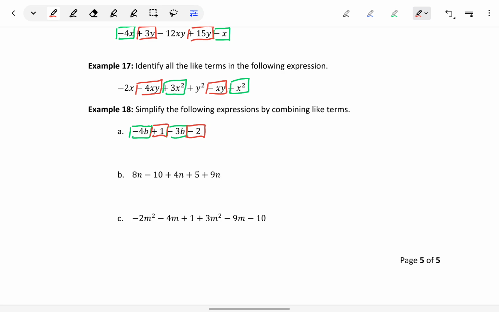So in order to combine these like terms, what we'll do is add the coefficients of those like terms. So for the terms with b, we'll have negative 4 minus 3 times b. And then for the constant terms, we'll have 1 minus 2.